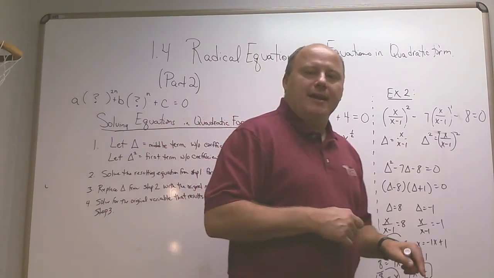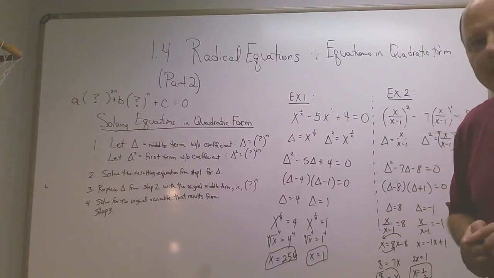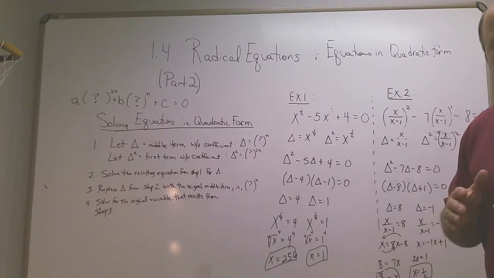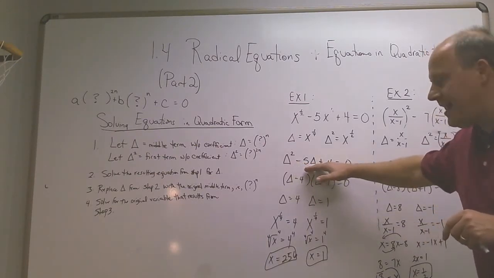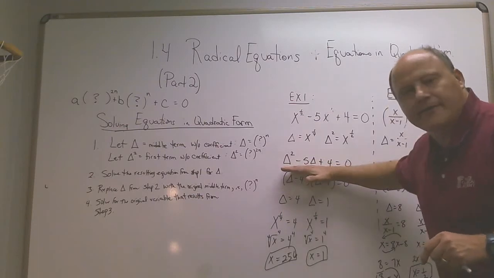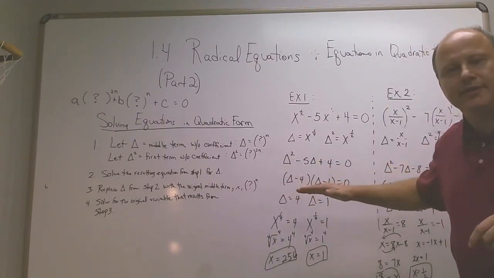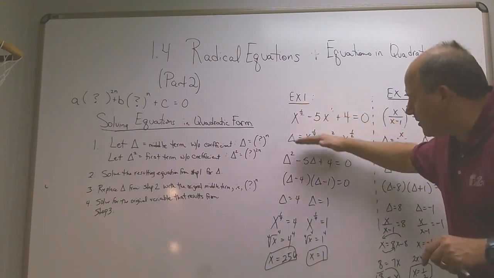So I'm not claiming that this stuff is super easy. It does take a little bit of time. But if you just relax and take it one step at a time, remember always what delta is. Once people get the delta in there, there's a lot of confidence, because the trouble goes from here to here.